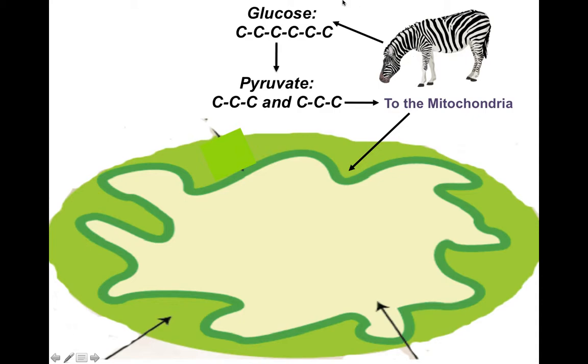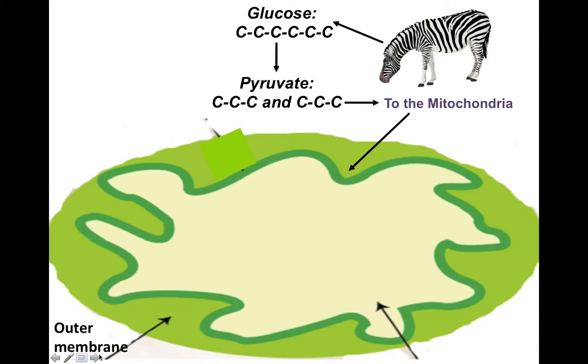Now, if you notice, I said to the mitochondria here, and then it's just going to shoot inside of there. This is a great big huge mitochondria. So let's go ahead and label the parts of the mitochondria. What we're going to have down here, let's put down the outer membrane. I believe your arrows are going to be about the same as mine.